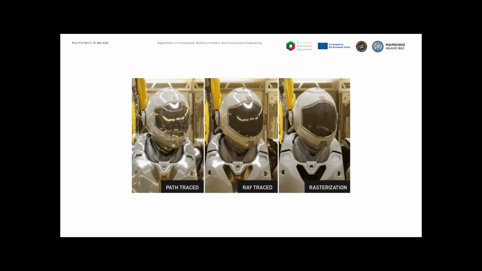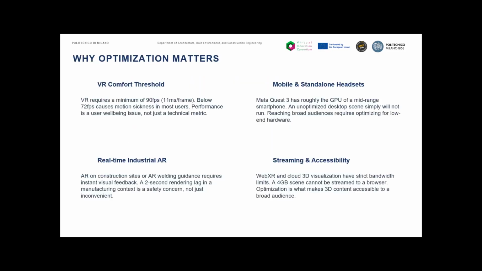Here we can see the different types of light interaction: path tracer, ray tracer, and rasterization. So it's pretty visible. So why does optimization matter? VR requires a minimum frame rate of 90 FPS because of the vestibulo-ocular reflex.